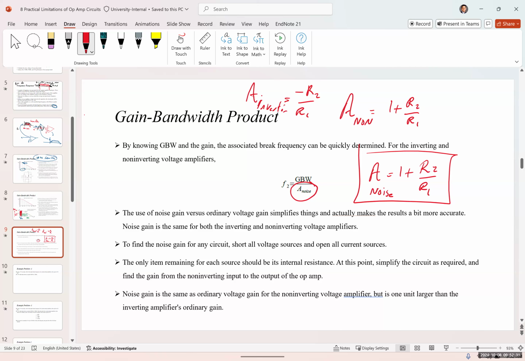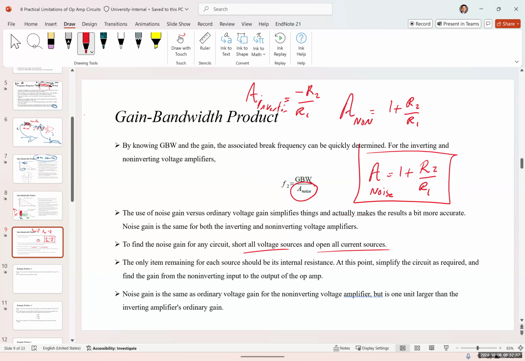To find the noise gain for any circuit, we short all the voltage sources and open all the current sources. So we can use this equation to simplify and easily find our upper cutoff frequency in an accurate way.